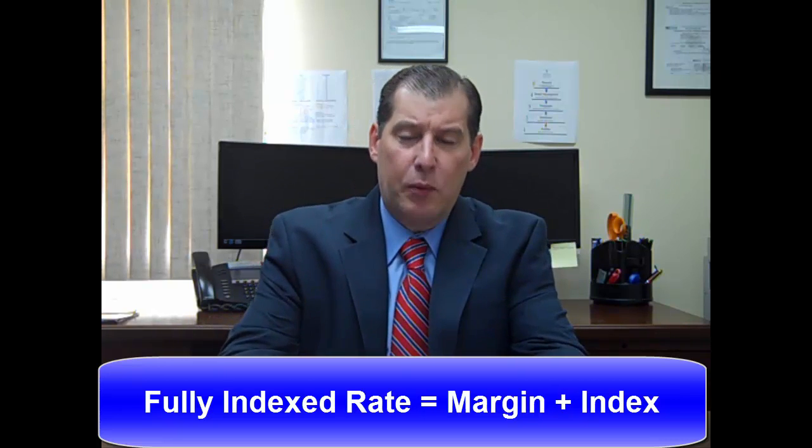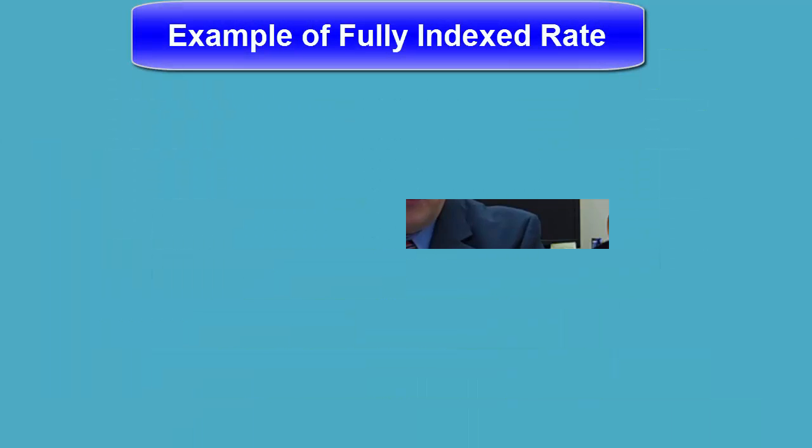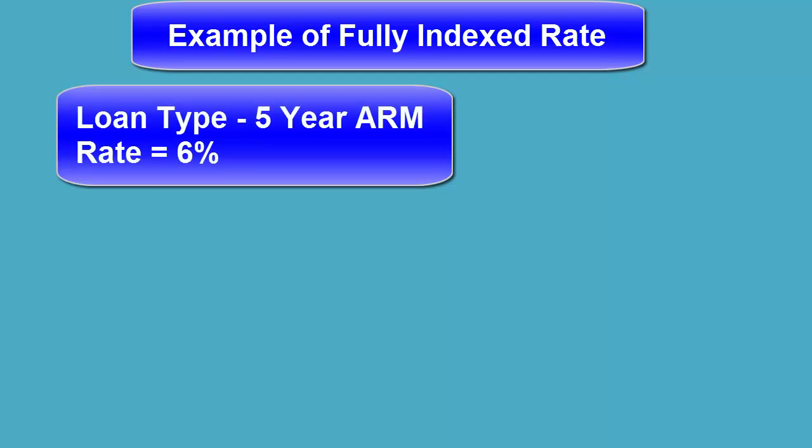So let's look at another example. Let's say you've got a 30-year adjustable rate mortgage that was 6% on a 5-year ARM. What this means is that your mortgage is fixed for the first 5 years at an interest rate of 6%. At the end of the 5 years, your loan is going to enter its adjustment period, and it will adjust.